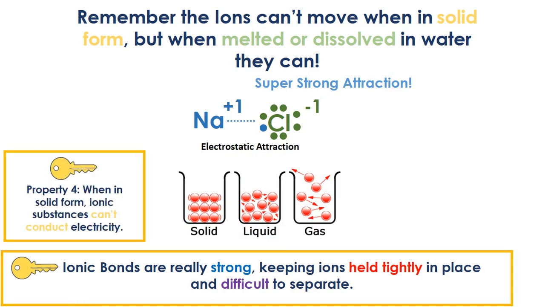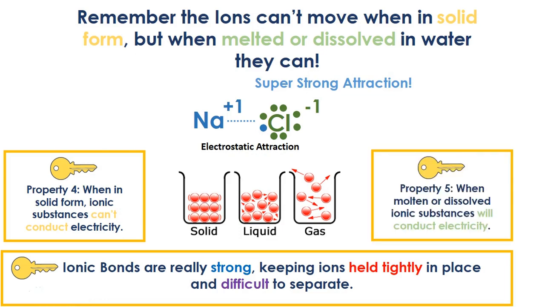When in the solid form, ionic substances cannot conduct electricity because the ions are not really moving. Ions need to move in order for the electricity to flow. But when these ionic substances are molten or dissolved, they will conduct electricity because they have some free space to move around, and those charges can allow electricity to pass through.